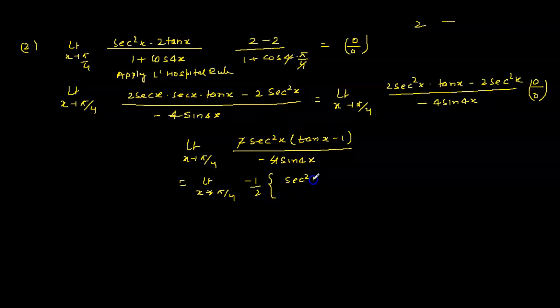Secant square as it is only. Tan differentiation is secant square of x, and 1 differentiation is 0. Minus, plus here, tan of x minus 1 as it is only, and secant square differentiation is 2 secant of x into secant of x into tan of x.